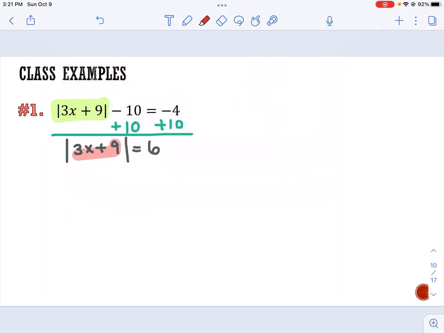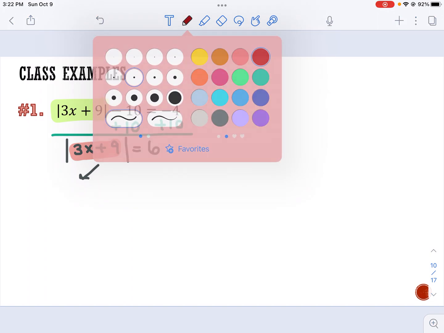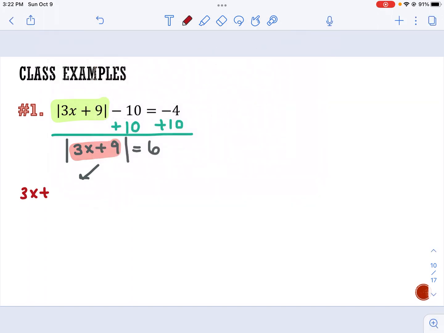We're looking at the absolute value of something is equal to 6. So from here, we're saying that expression, 3x plus 9, needs to equal 6, or 3x plus 9 needs to equal -6. And if you're getting confused with that, let's think about it logically. You don't need to write this on your paper where the arrow is, okay?